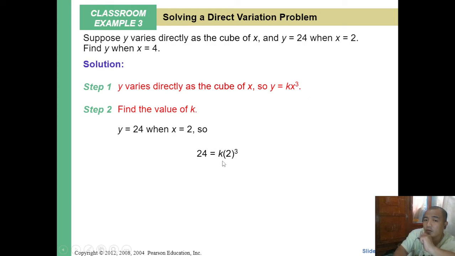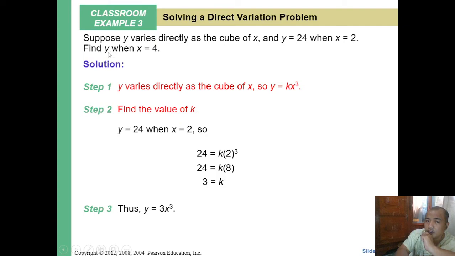Here, 24 equals k times 2 cube. 2 cube is 8: 2 times 2 times 2 is 8. Then 24 divided by 8 is 3. So therefore the constant of variation is 3. We can now substitute k equals 3 in the equation. Y equals 3x cube is our equation of variation.